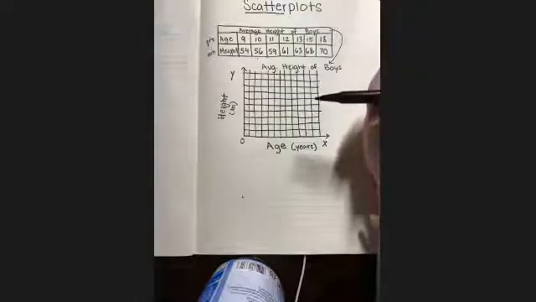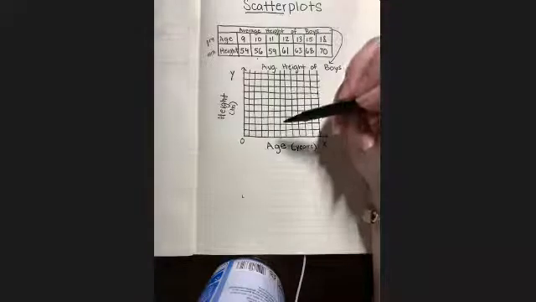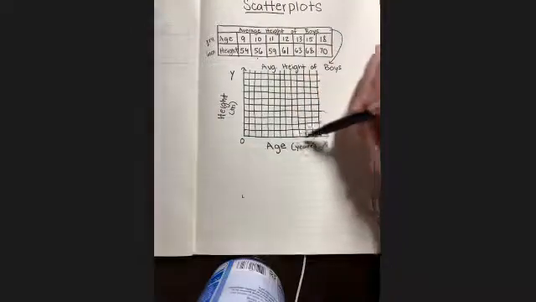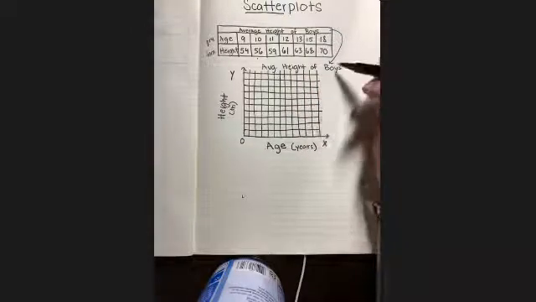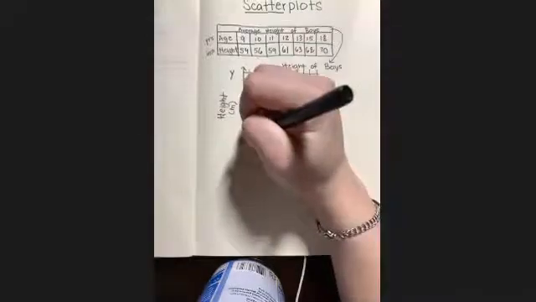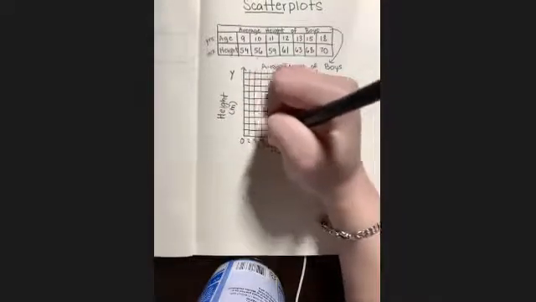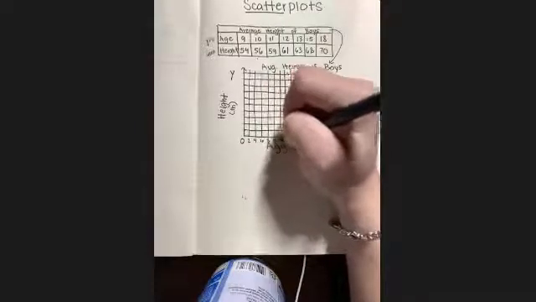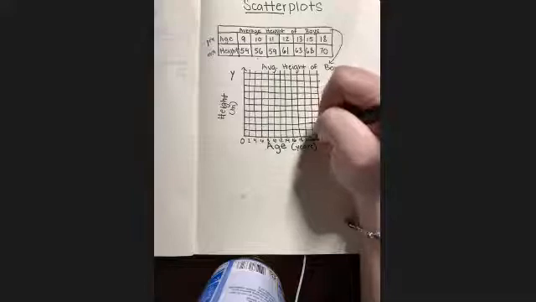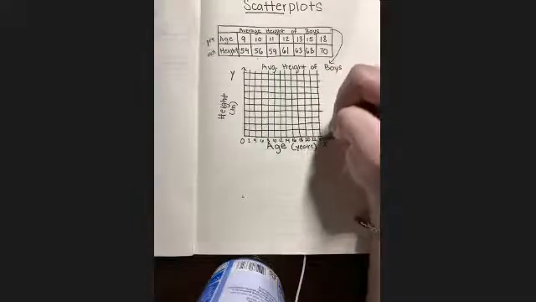So I can skip by 2 and be okay from the looks of it, right? Because if there's 12 lines and I make every line 2, then I'll get up to 24, which is above my range of 18. So that's what I'm going to do. 2, 4, 6, 8, 10, 12, 14, 16, 18, 20, 22, and 24.